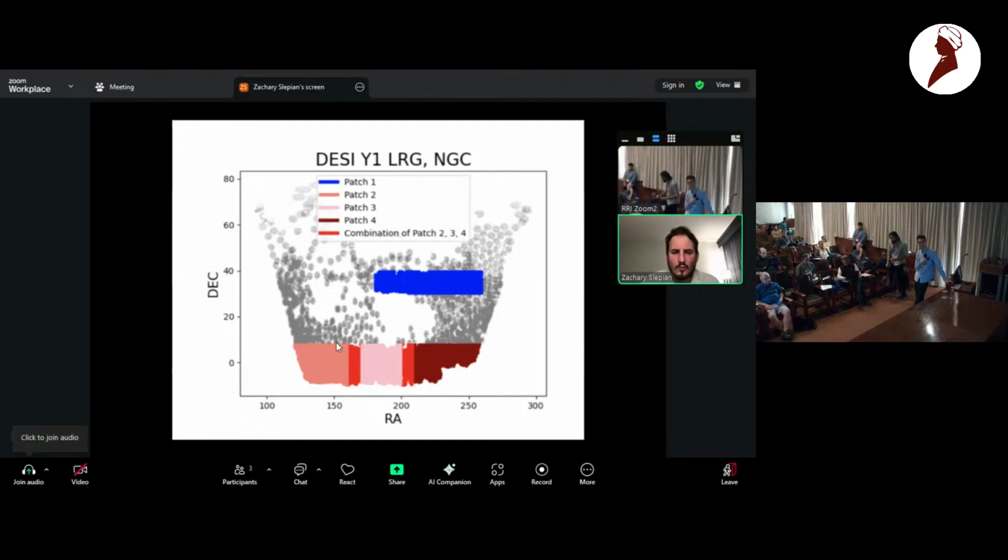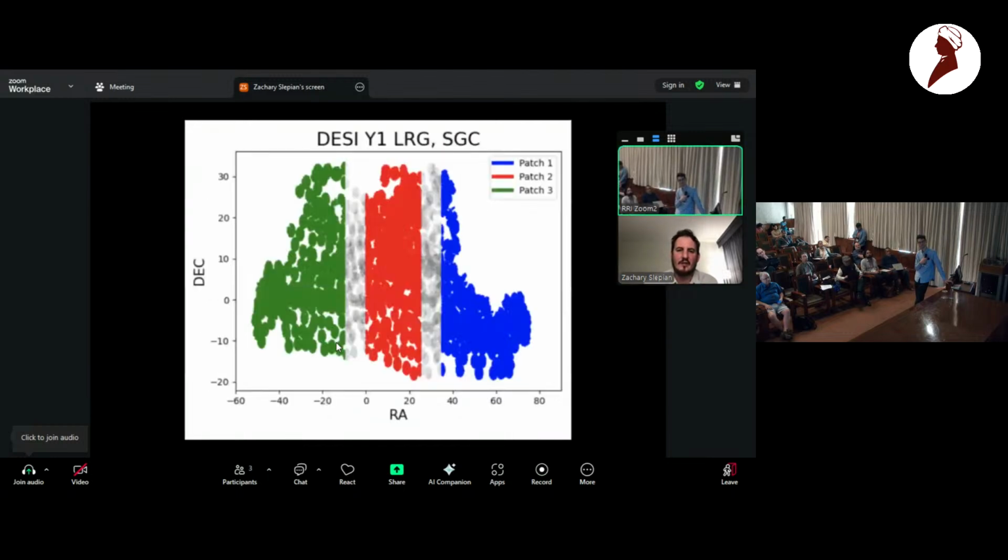Yeah, so what I showed you is all of the cross patch pairs. There are, I think, 7 patches, 4 in the north and then 3 in the south. And so there's something like 7 times 6, which is 42, divided by 2 for symmetry, so there are 21 pairs of cross patches that one can do.